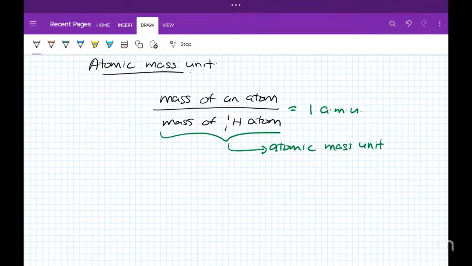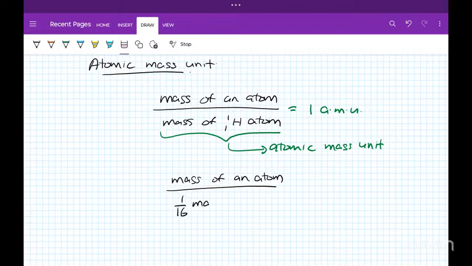They took the mass of an atom and divided it by 1/16 of the mass of the O-16 atom. This was also used for some time, but it also failed, meaning it was discontinued.